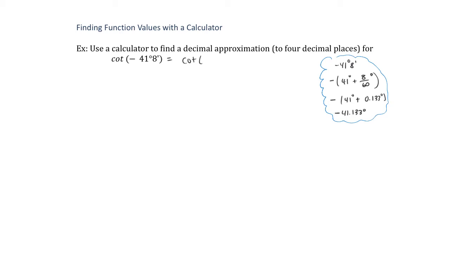Okay, so I'm converting that to negative 41.133 degrees. And now we can just use the reciprocal function. Cotangent is the same thing as 1 over tangent of negative 41.133 degrees, and then we'll just get our approximation.